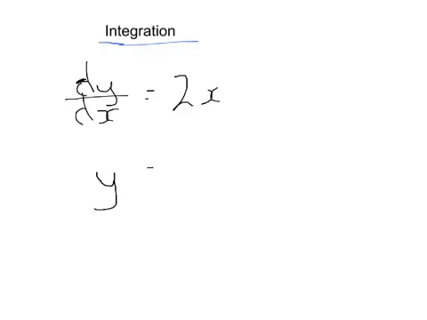Well, we know when we go from y down to dy dx, let's just recap over here. I'll go off to the side and we'll recap. We said when y equals x to the n, x to the power of something n, what happens when we differentiate?